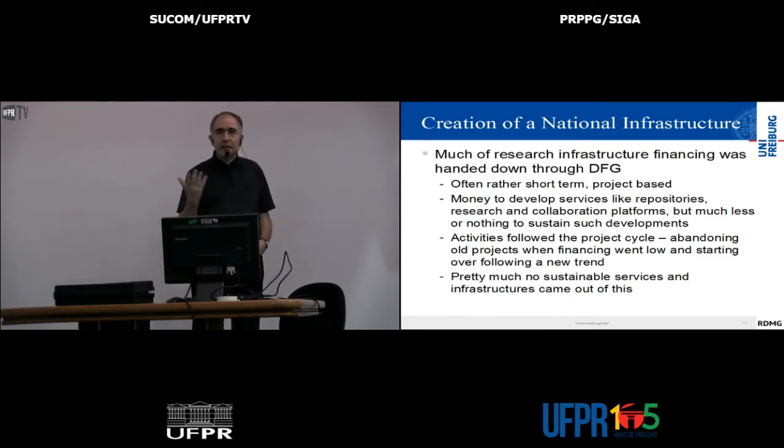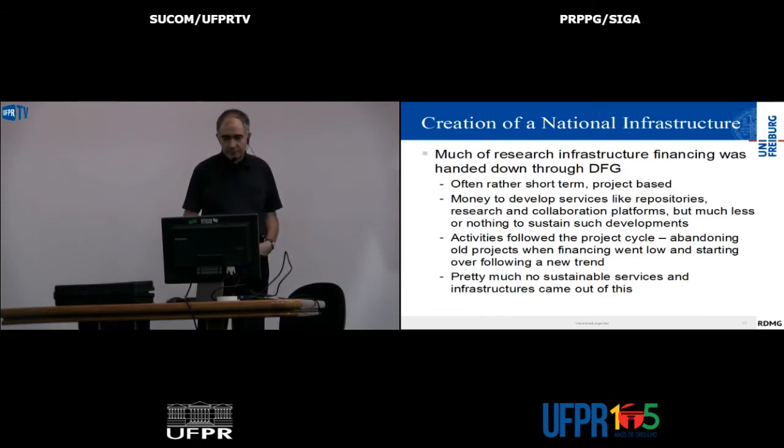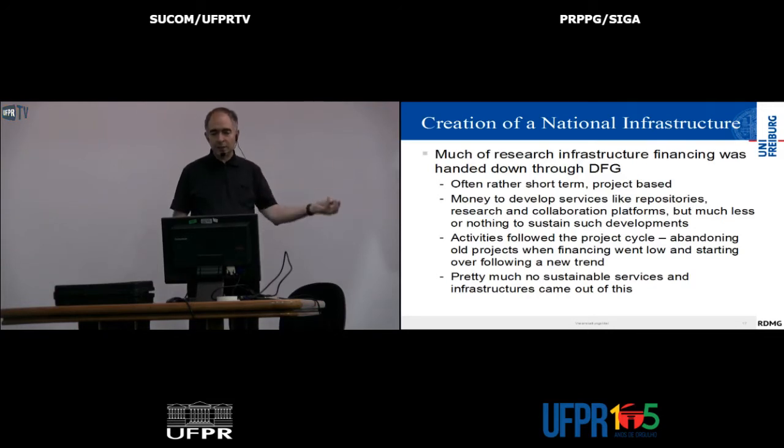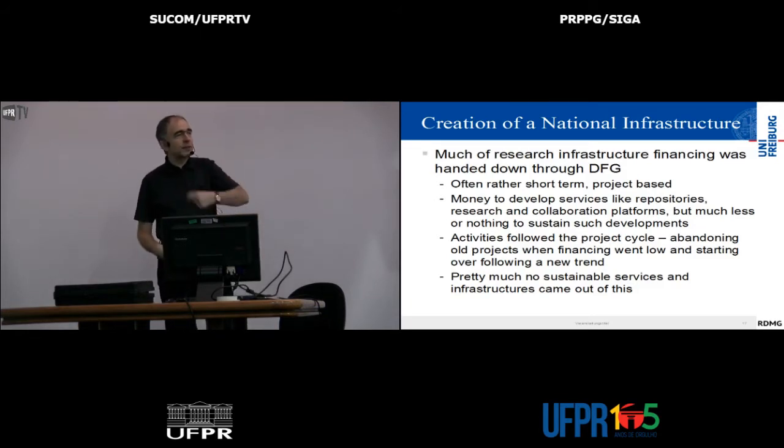There are forthcoming initiatives to develop services like repositories, but whether there is enough money to keep them alive, that's a question we will answer in the next decade or so. And you have these classical cycles of projects: abandon old projects when the funds dry out, start new ones, and with a new project find some funds to support the old structures.